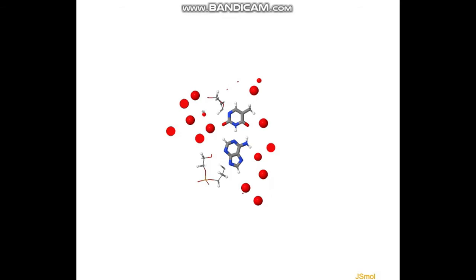So that leaves us in a situation where it's not at all clear that the hydrogen bonding between the bases actually contributes very much, if anything, to the stability of the double helix, because to a crude approximation, we're just replacing one set of hydrogen bonds with a different set of hydrogen bonds.